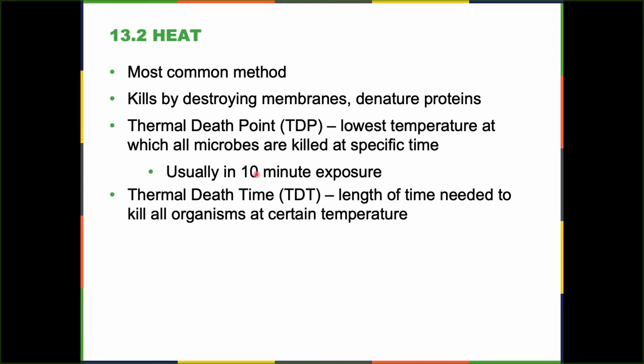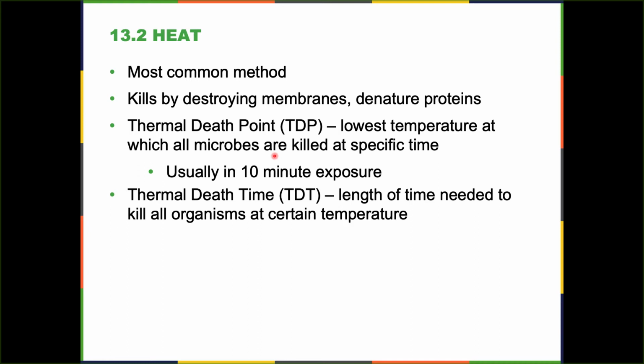It doesn't have to be 10. We can do it at 5 minutes. We can do it at 15 minutes. But whatever the case may be, the thermal death point would be just the lowest temperature it takes to kill, which implies the higher the thermal death point, the more difficult this population will be to kill. And it can be because the microbe may be more heat resistant. It may form endospores.